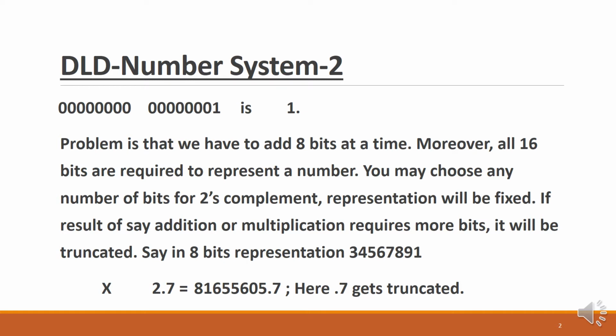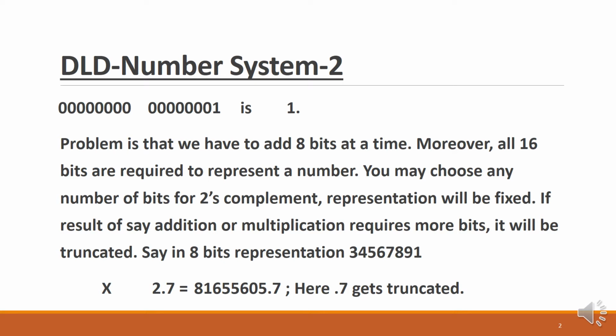So if the result of any addition or multiplication requires more bits, you can't help it. It will be truncated. Let's see an example. Say in 8-bit representation, this figure 3, 4, 5, 6, 7, 8, 9, 1, we multiplied with 2.7.